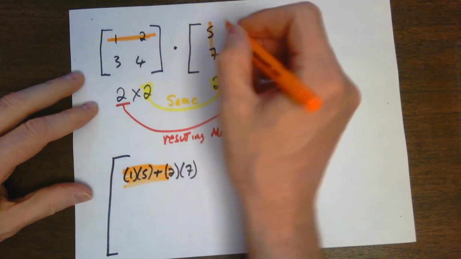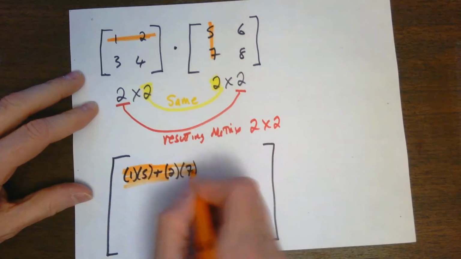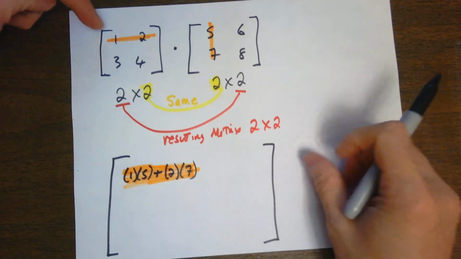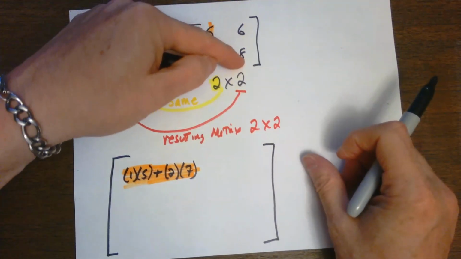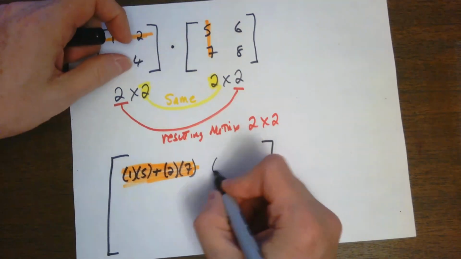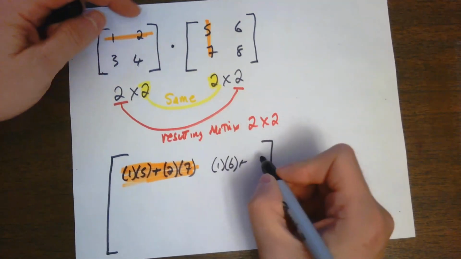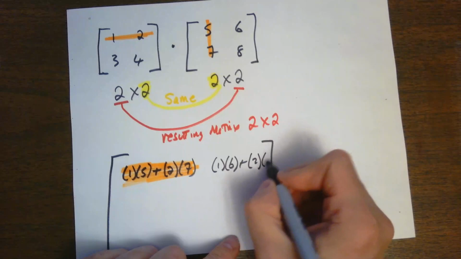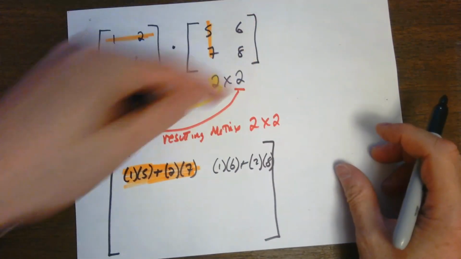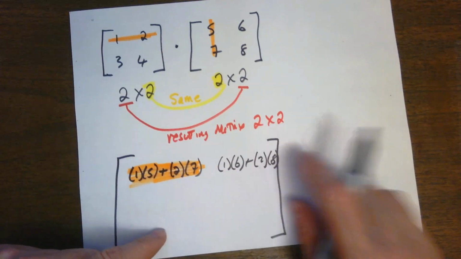The first row times the second column gives me the first row, second column entry. So 1 times 6 plus 2 times 8.